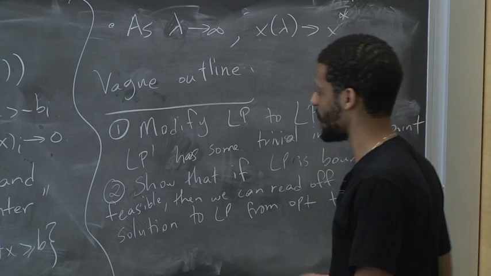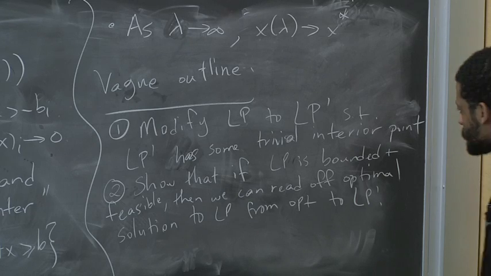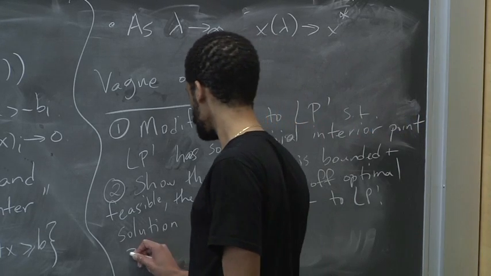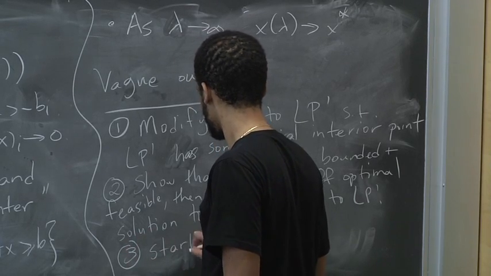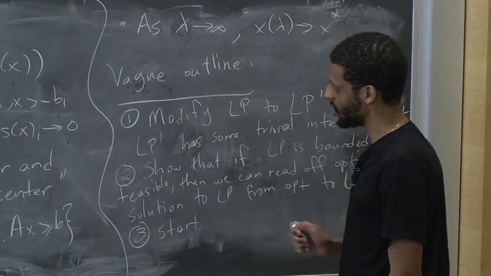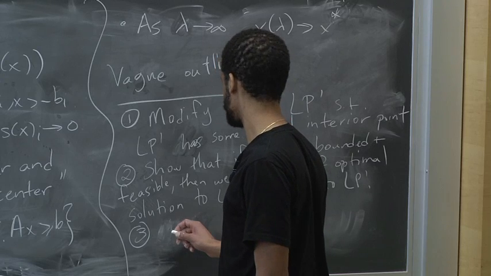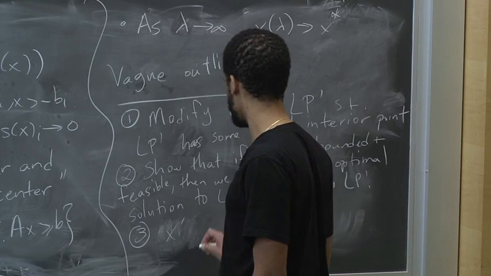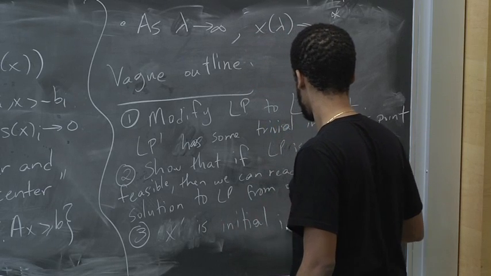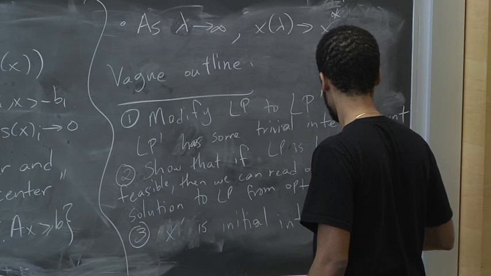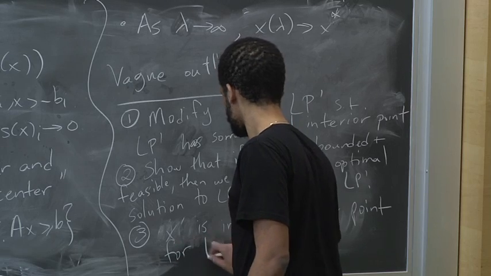Okay, so now we have this LP prime that we're trying to minimize instead. What do we do there? So let's say x prime is an initial interior point for LP prime.